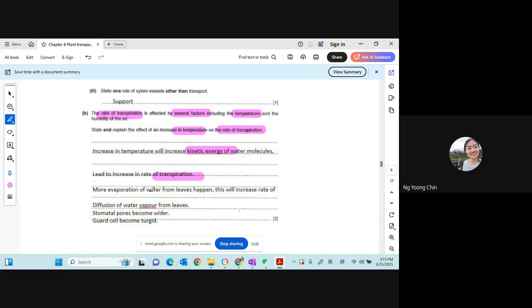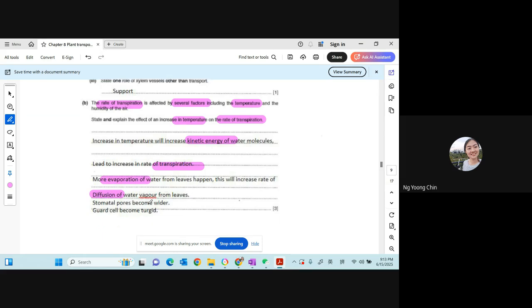So it will cause more water to evaporate from the leaf. So this will increase the rate of diffusion. More evaporation will increase the rate of diffusion of water vapor from the leaf through the stomata. So the stomata pore becomes wider because the stomata pore will always open, right? Opens, allowing the water vapor to be released out.